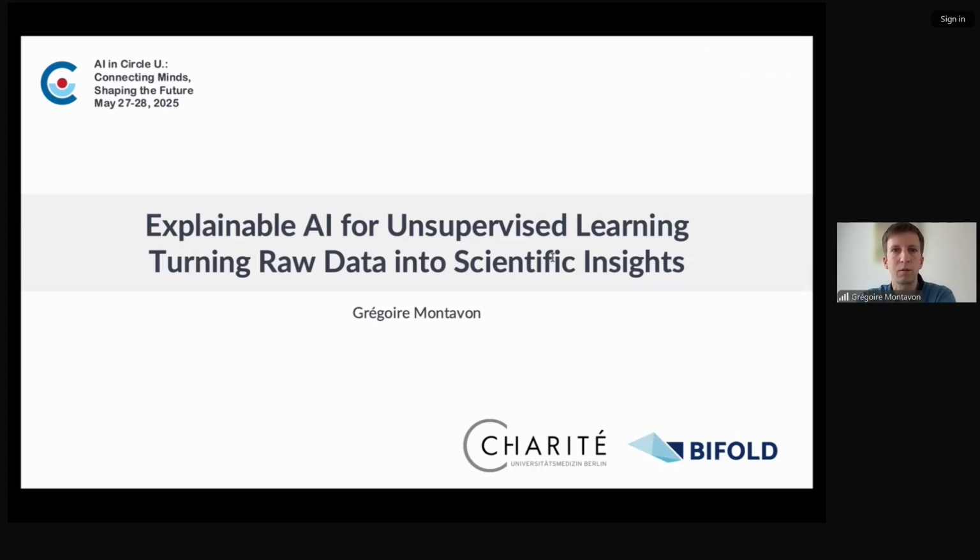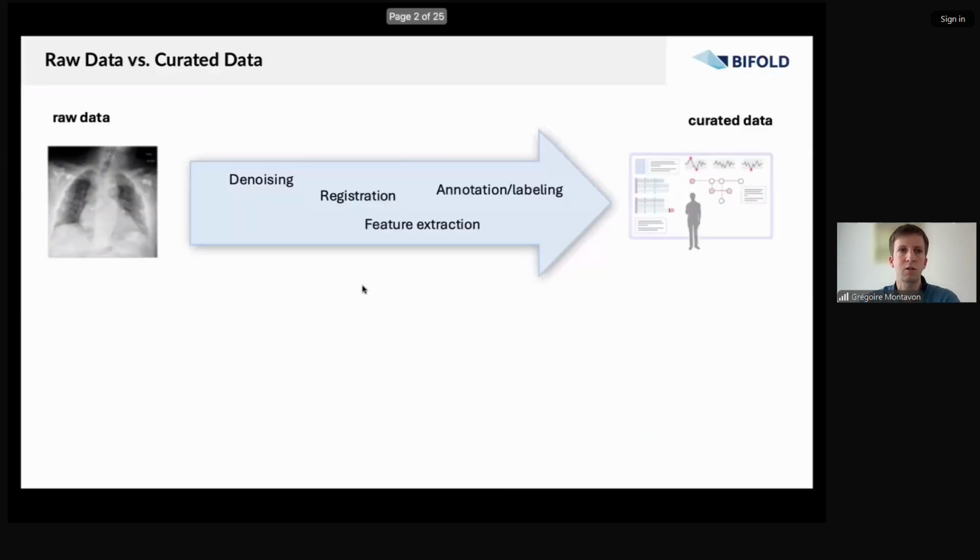And why do we care about unsupervised learning? It is because of the nature of the data, which often is provided in raw format, without so much data curation. So if you think about the data, you can place it on some spectrum between raw data and curated data, where on one side you have the data as it is arriving, for example, from the acquisition device or the sensors.